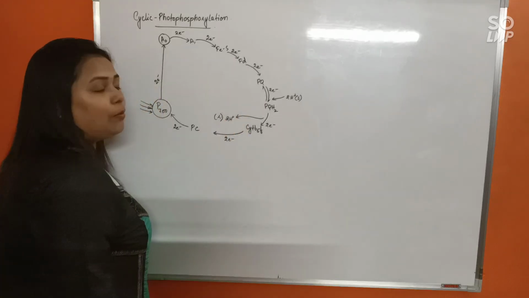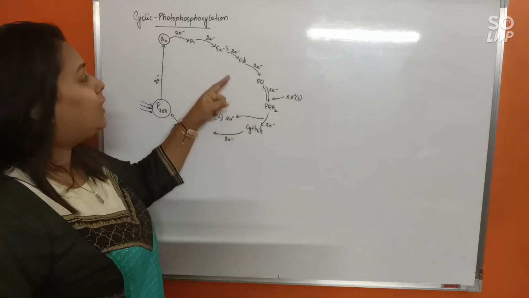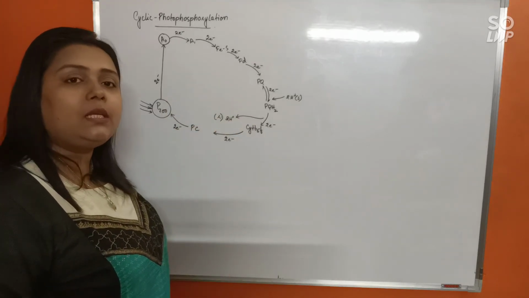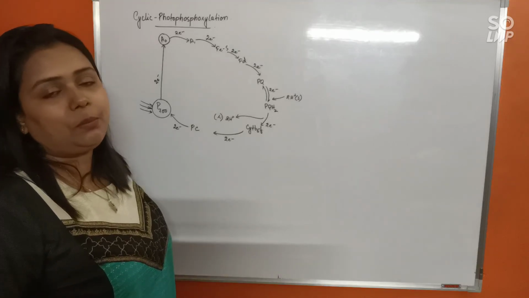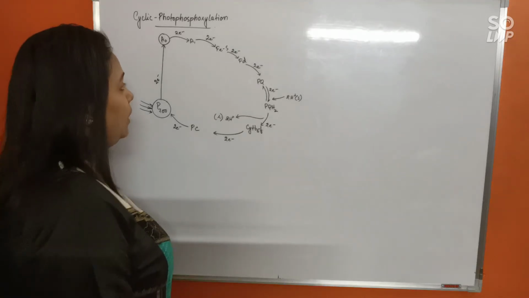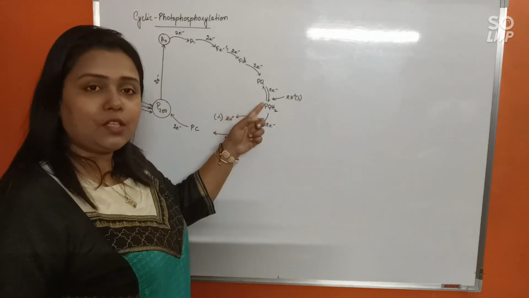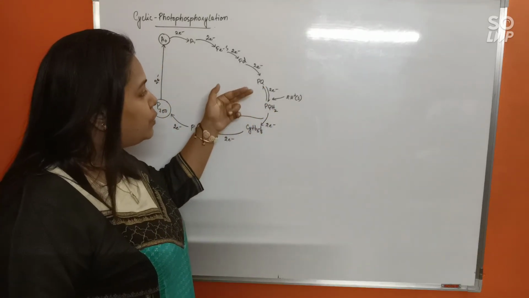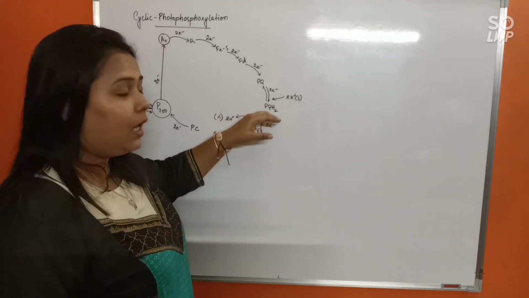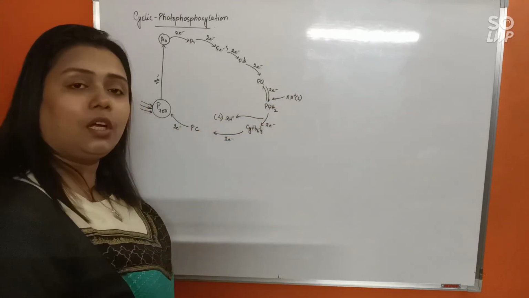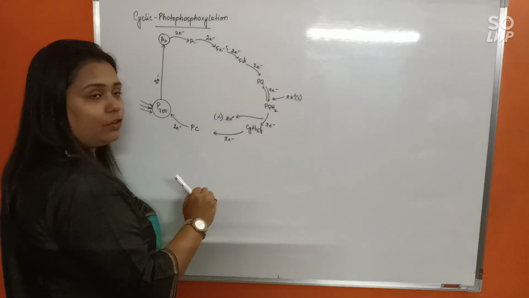From ferredoxin, in the Z scheme, the electron would be transferred to NADP+, isn't it? But then we do not require NADPH formation here. That's why the electron instead will be passed on to plastoquinone, which will be taking 2 protons from the stroma as usual and transferring them to the lumen, while the electron moves to the next electron carrier.